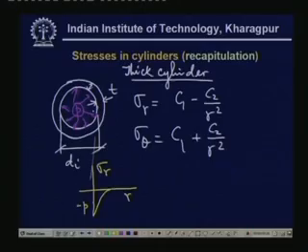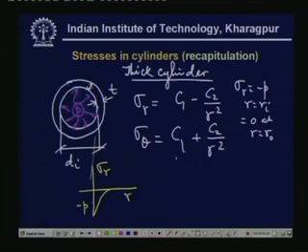If it is subjected to internal pressure, then sigma r is equal to minus p at r equal to Ri and equal to 0 at r equal to R0. These are the boundary conditions with which we can find the stress distributions, and once C1 and C2 are known, we can plug them into the expression for sigma theta to find the stress distribution in the circumferential direction, and that stress distribution is somewhat like this.